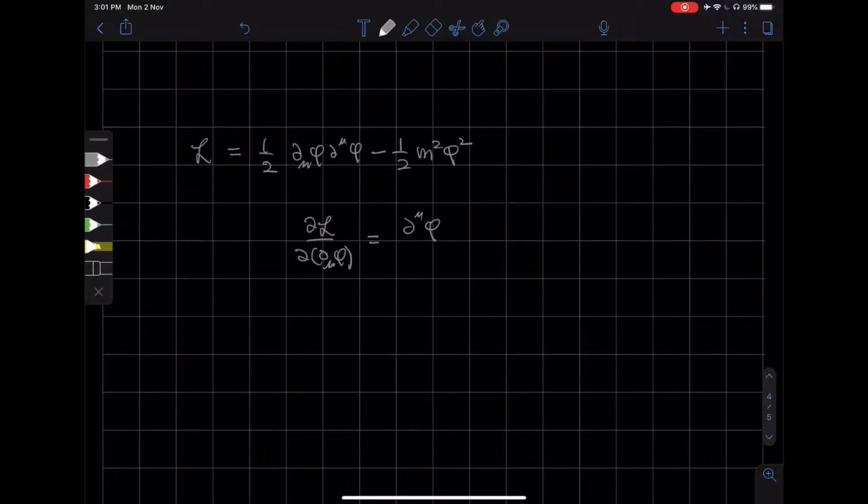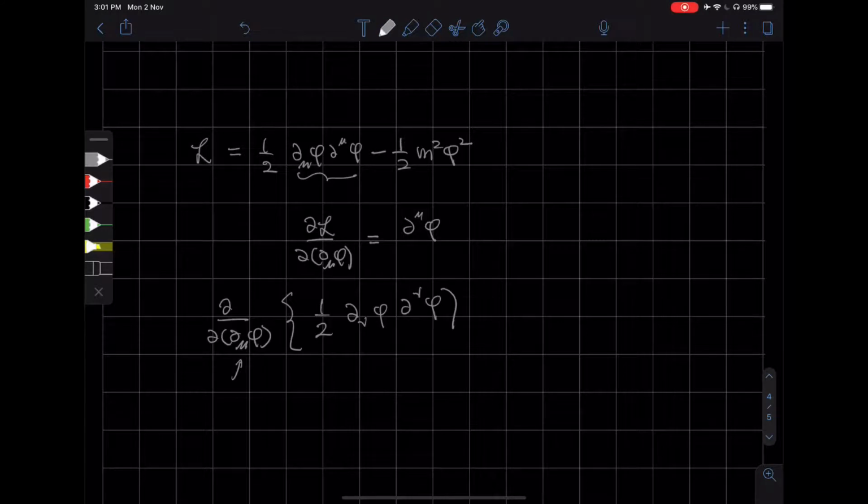What I'm doing is taking the derivative with respect to del mu of phi of the first term. Let me write that as half. These mu indices are dummy indices, so they're summed over. Let me just use nu here instead of mu because I'm using mu here already. So here we have 2 factors, which means we have to use the Leibniz rule.